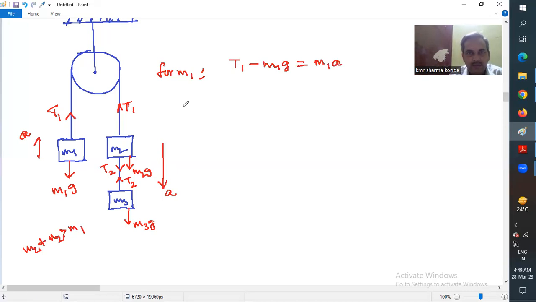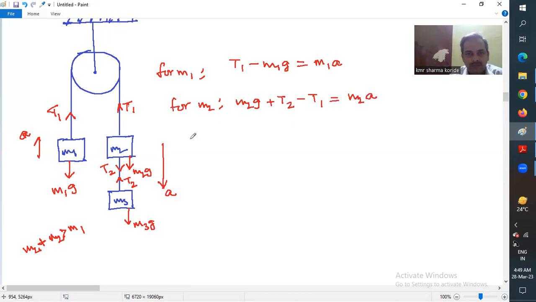Then for M2, T2 as well as its weight favors the motion, but its motion is opposed by T1, equal to M2A.